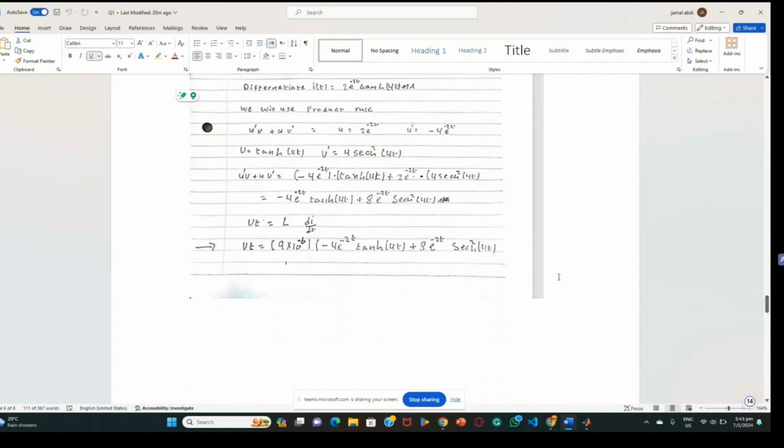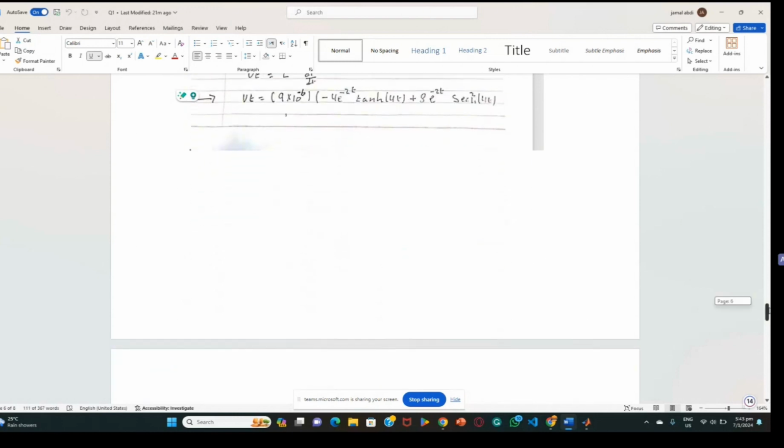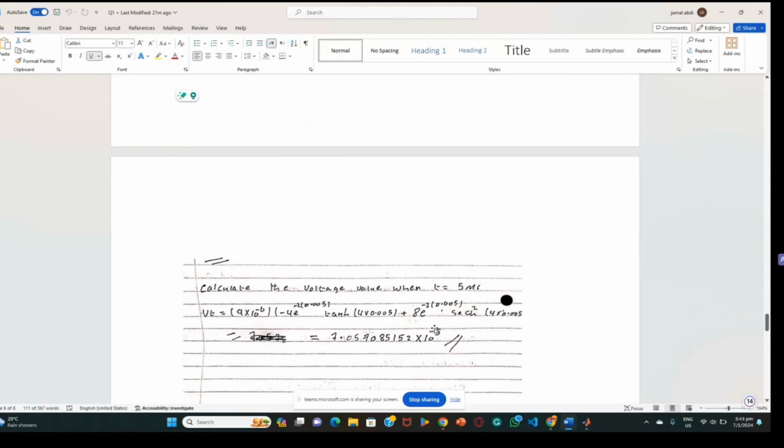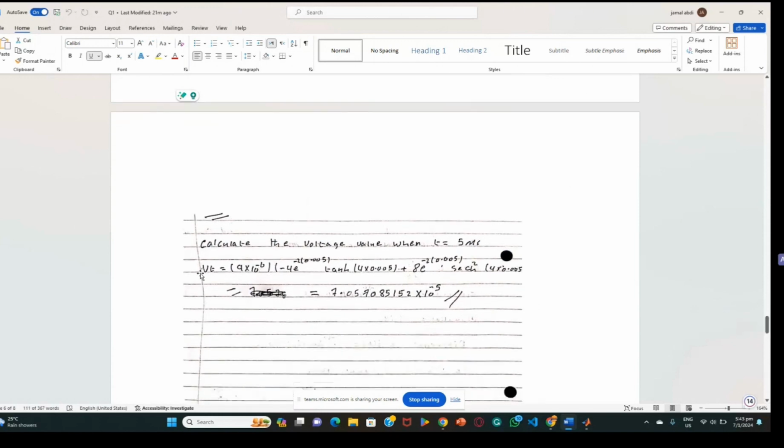So voltage as a function of time is equal to this, and then I will calculate the voltage value when the time is equal to 5 milliseconds. So I substitute where t is equal to 0.005. Then this is the answer for the value when the time is equal to 5 milliseconds. This is the answer, and this one and the MATLAB code are the same.